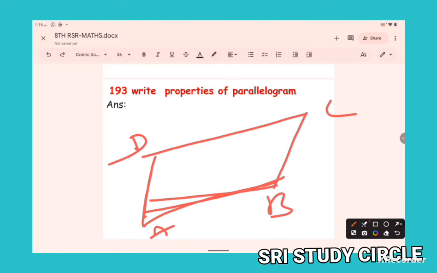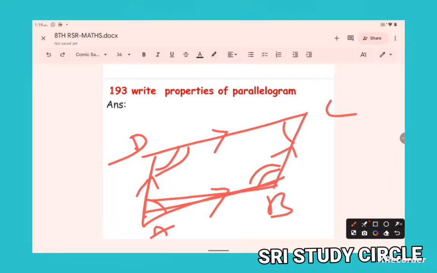In a parallelogram, opposite sides are parallel, the length of the opposite sides is equal, and opposite angles are equal. The sum of any two adjacent angles of a parallelogram is equal to 180 degrees.